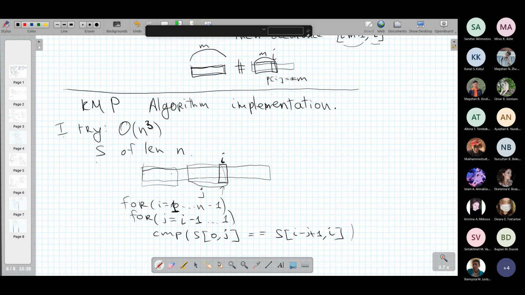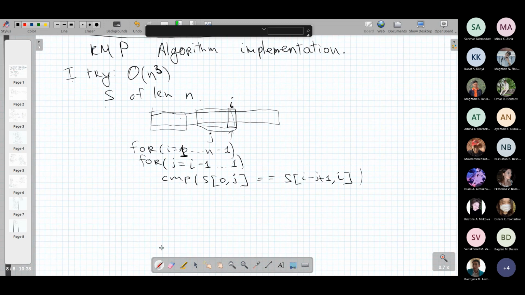Both of them are of length j. If they are equal, I set p of I equals j and break.